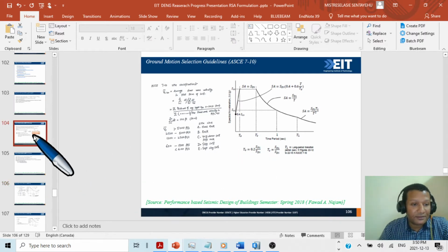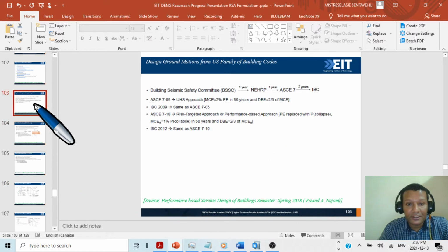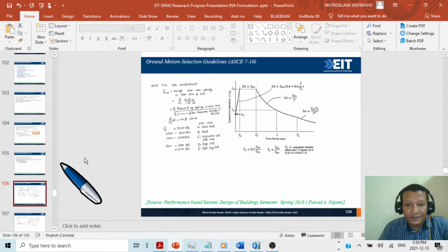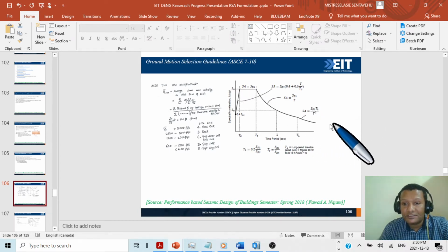Once we get SDS and SD1, then just SD1 over SDS times 0.2 will give you T0 here. This is the constant acceleration area. This is the constant velocity area. After that we have the constant displacement area.